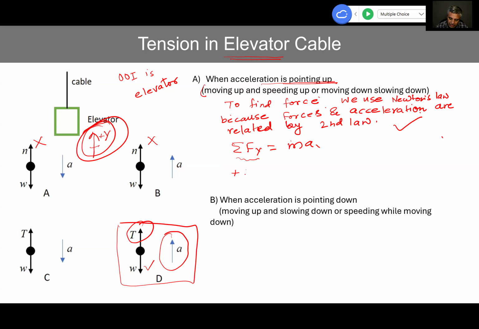So I write positive T. Although we may not write the positive sign explicitly in the first term, I like to write it while going from this equation to this equation, while expanding the equation. Why? Because I want to make sure that I took account of the direction of the force while writing the equation. Otherwise, it may just slip off if we don't pay special attention to that.